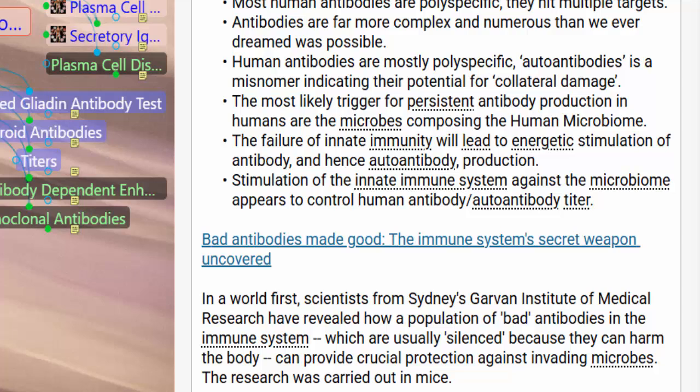The most likely trigger for persistent antibody production in humans are the microbes composing our human microbiome, and the failure of innate immunity will lead to energetic stimulation of, and hence autoantibody production. Stimulation of the innate immune system against the microbiome appears to control human autoantibody titers.